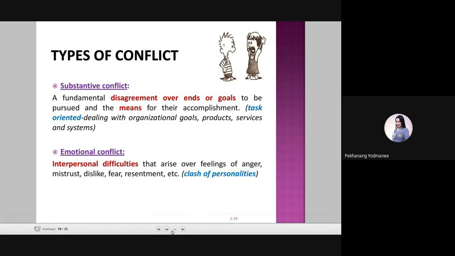First, substantive conflict. A fundamental disagreement over ends or goals to be pursued and the means for their accomplishment. Task oriented, dealing with organization goals, products, services, and systems. And next, emotional conflict, interpersonal difficulties that arise over feelings of anger, mistrust, dislike, fear, resentment, etc.